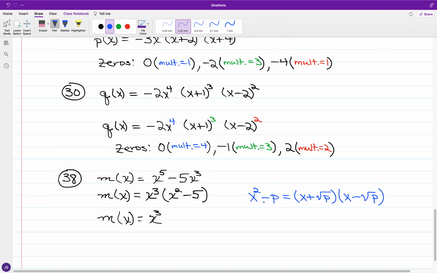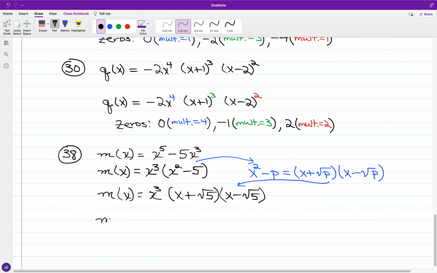And think of p being represented by 5, and again 5 is not a perfect square in the integers, but in exact terms I can say that x plus the square root of p is going to be x plus the square root of 5, and x minus the square root of p will be x minus the square root of 5. Okay, so this will be the factored form.